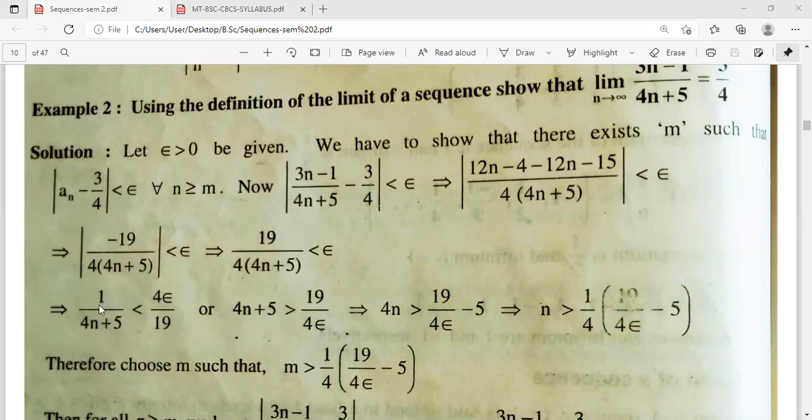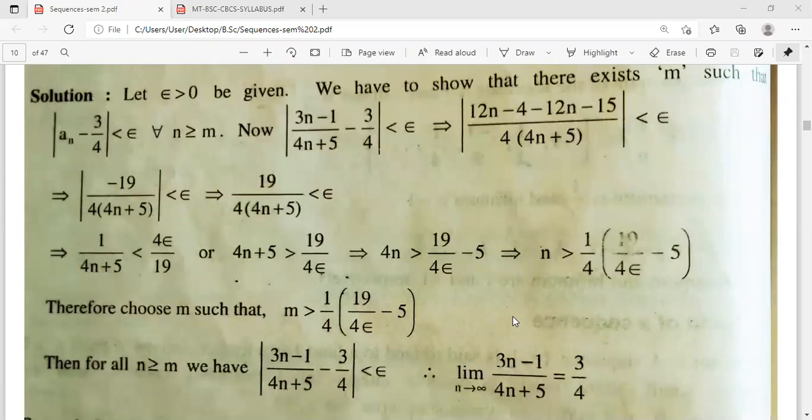I am saying again, whenever you are taking the reciprocal, the inequality changes, less than to greater than. Okay. Now, as I already told you, you take n on one side, remaining on the other side. Here 4n greater than, you write n greater than, and you are going to get this.